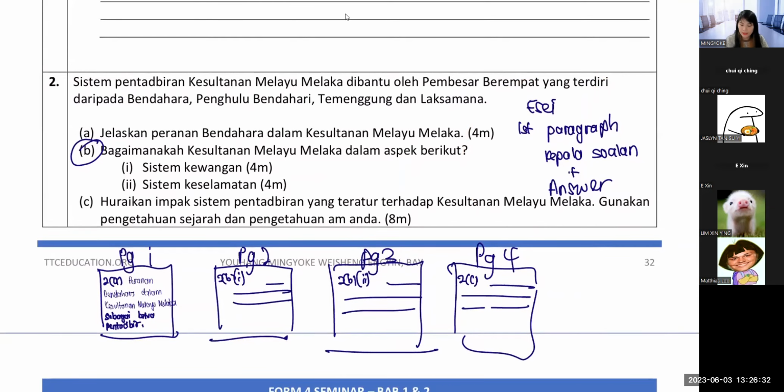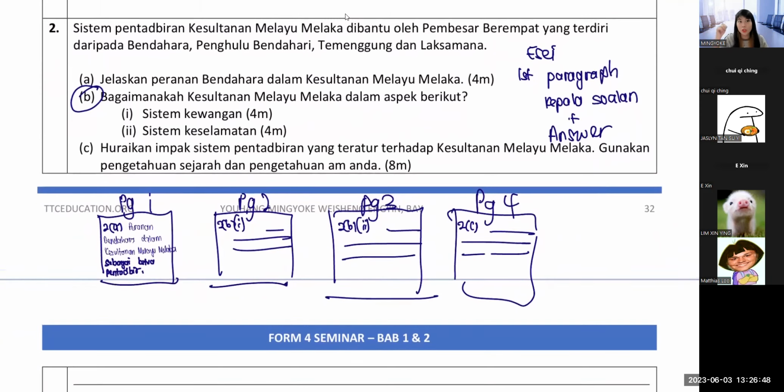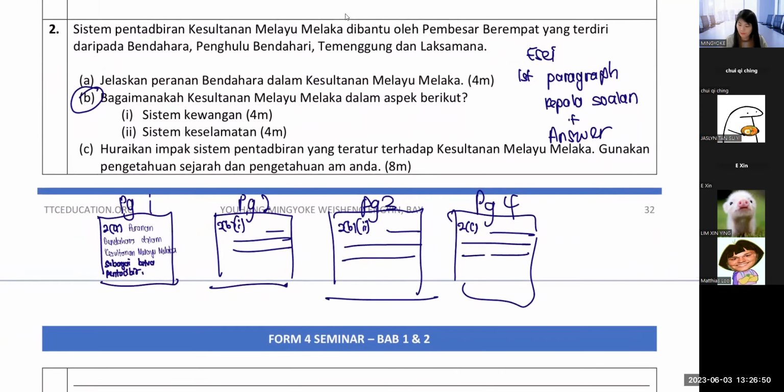And by the way, guys, do you know that when you do your essay, you can actually do it like that? Some of you like to write a draft before you write your answer, correct? How many of you like to write a draft? If you like to write a draft before you answer, you can literally do it on your test pad. Very good. Actually, writing a draft is quite good.